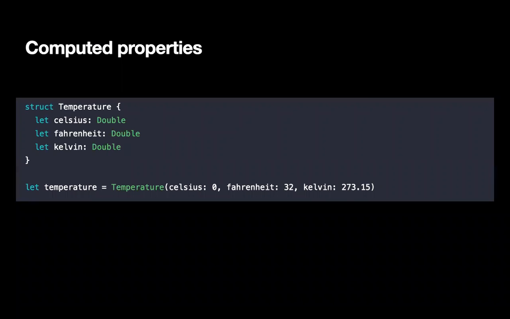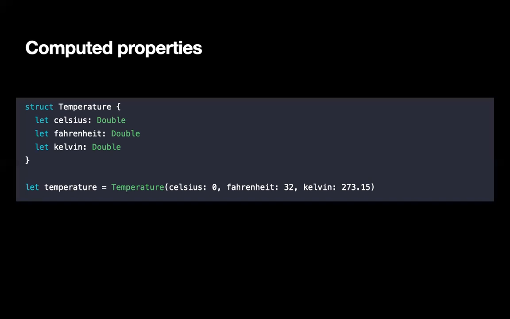So if you consider this temperature example, most of the countries in the world use the Celsius scale of measurement for temperature, but in some places like the US, you will use Fahrenheit, and certain fields will use Kelvin. So it might be useful for the temperature structure to support all three measurement systems.